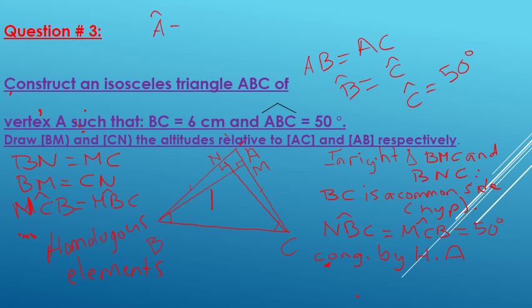So angle A equals, from the sum of angles in a triangle, 180 minus (50 plus 50), equal 180 minus 100 degrees. So angle A is equal to 80 degrees. Anybody has any question? No. Do you understand the congruency in a right triangle? Yes. Okay, thank you. Well done.